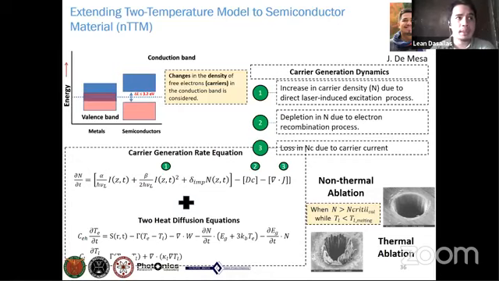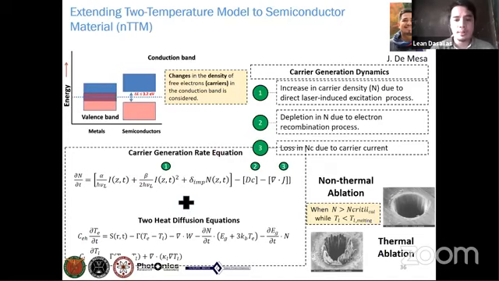for metallic material, it is often enough for us to describe it in terms of the temperature. But when it comes to semiconductor, we have to take into consideration the carrier generation. And this work is currently being done by our colleague, Joseph. But what's interesting when we talk about semiconductor material is the cases where there might be an ablation, but it is not thermal in nature.